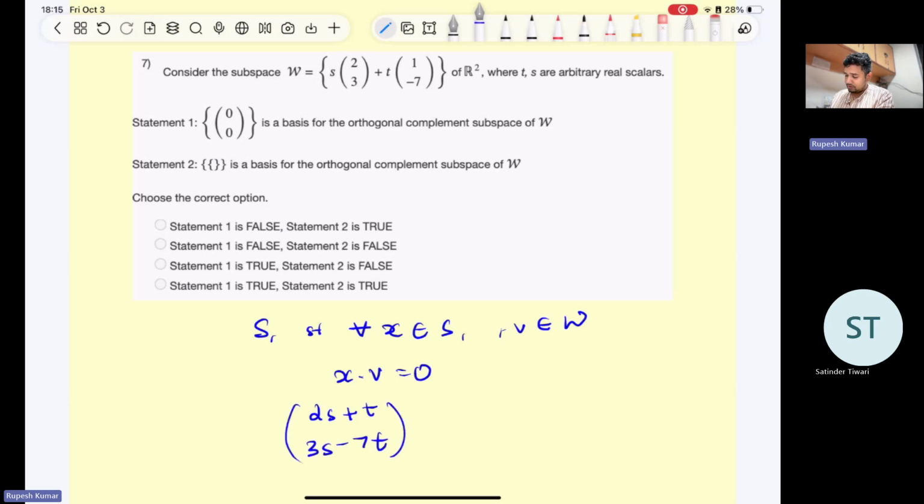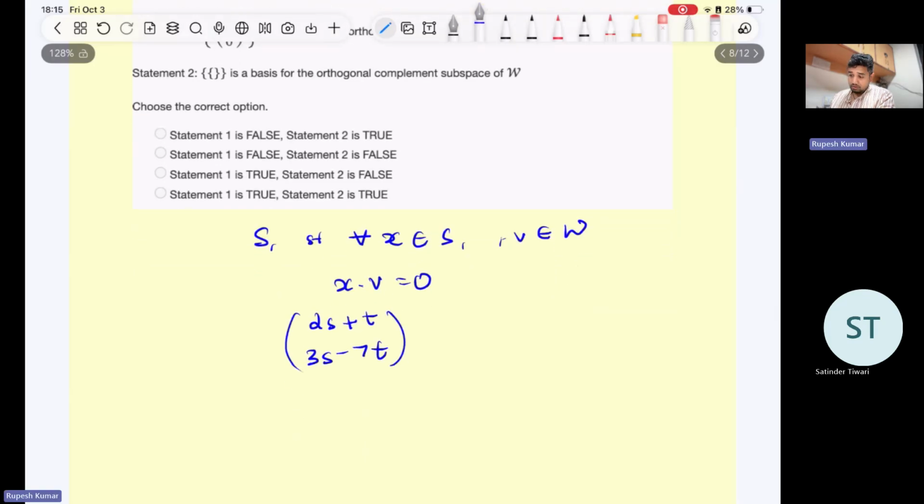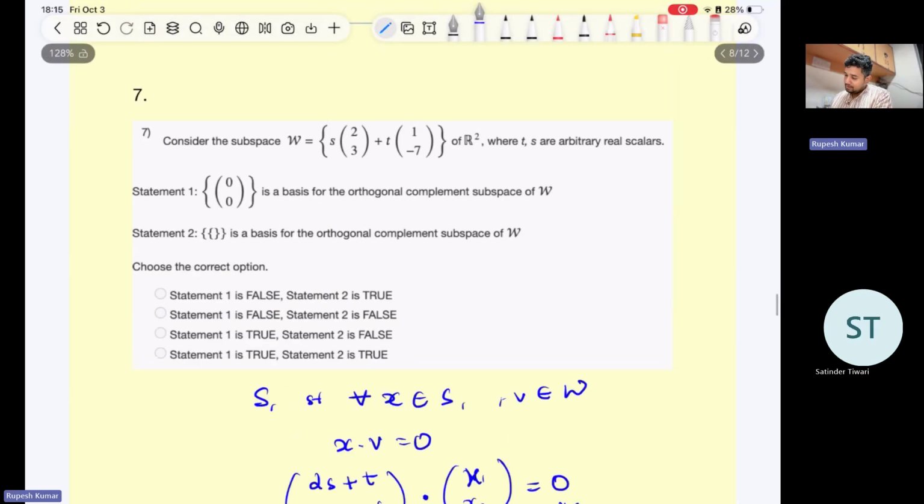This is a vector that belongs to W. The orthogonal complement would be some (x1, x2) whose dot product with this has to be 0. This will give you an equation in two variables, and this will give you the orthogonal complement. Now, is (0, 0) a basis for the orthogonal complement?